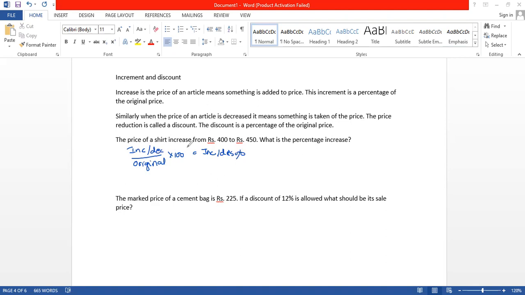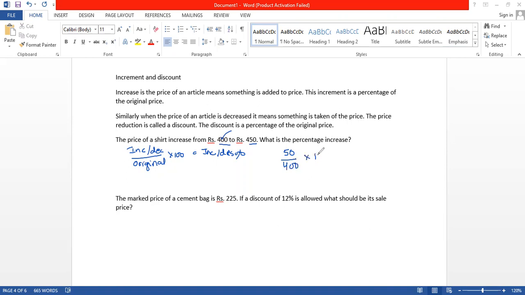And this says that the price of a shirt increased from 400 to 450. Okay, so 400 to 450 means, so what is the increment over here? The increment is 50, simply 450 minus 400. And what is the original? So the price increased from 400 to 450. That means that the original over here is 400.